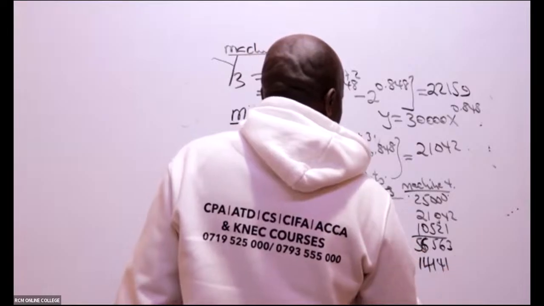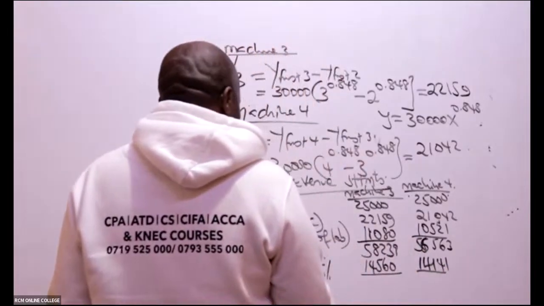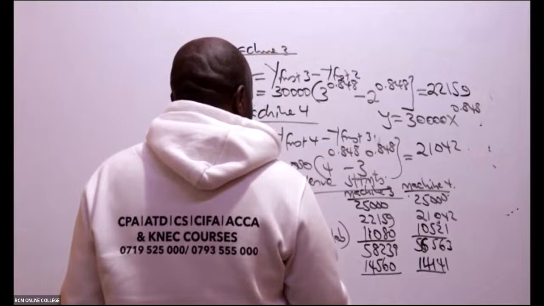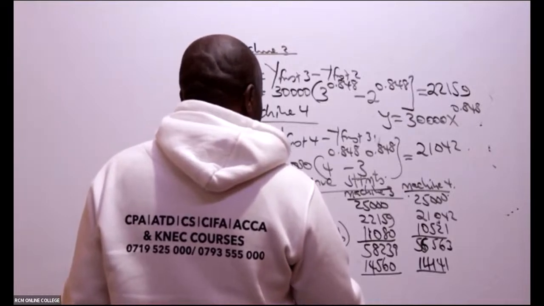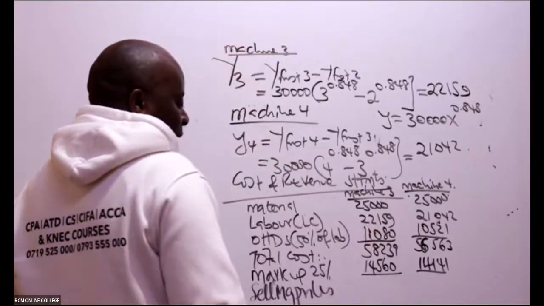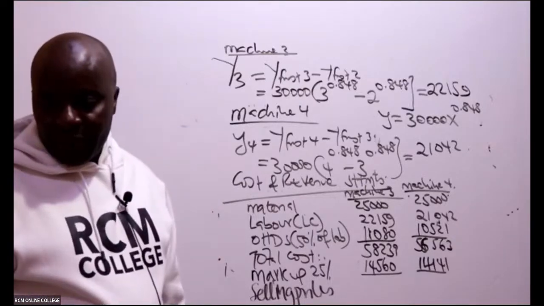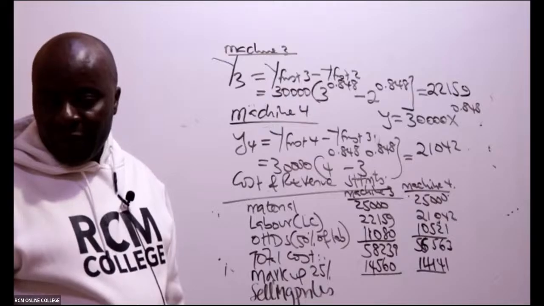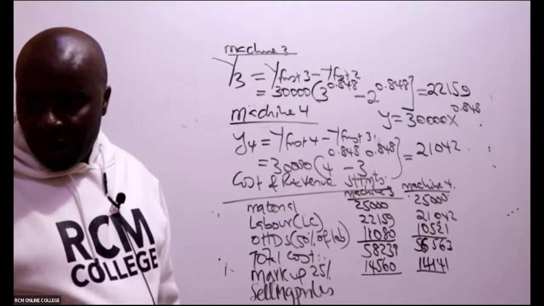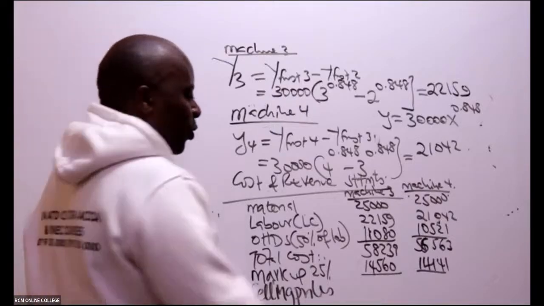This will automatically be the selling prices because they are for each unit. You don't have to call them revenue. They are selling prices. For machine 4, we get 70,704.